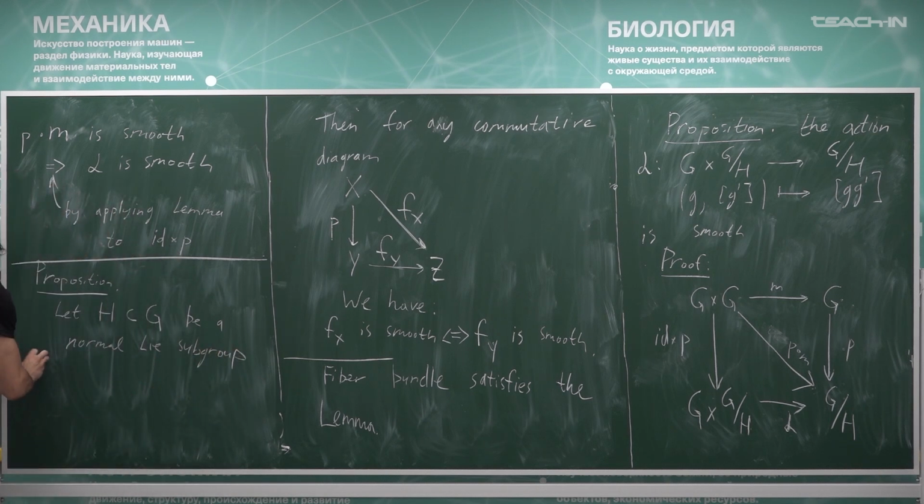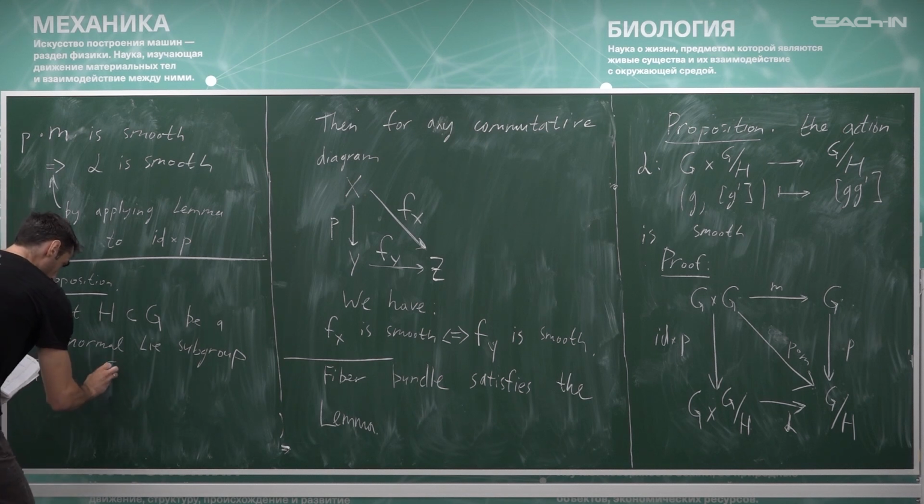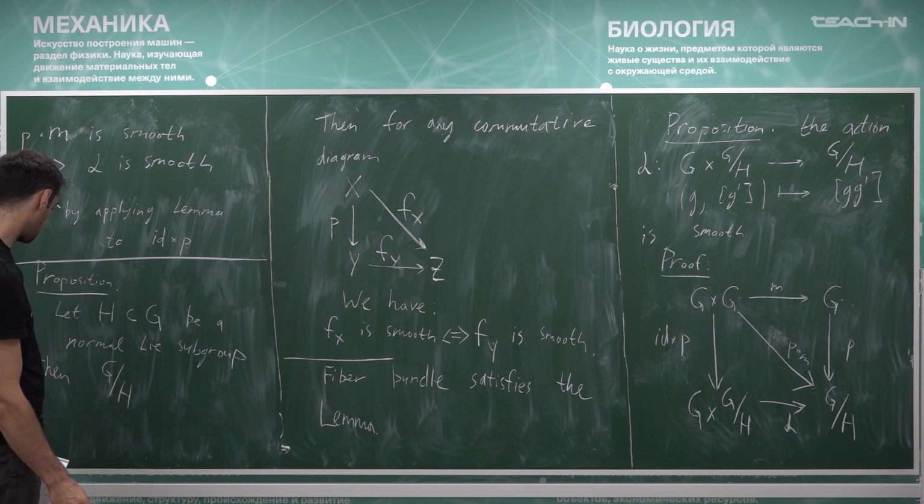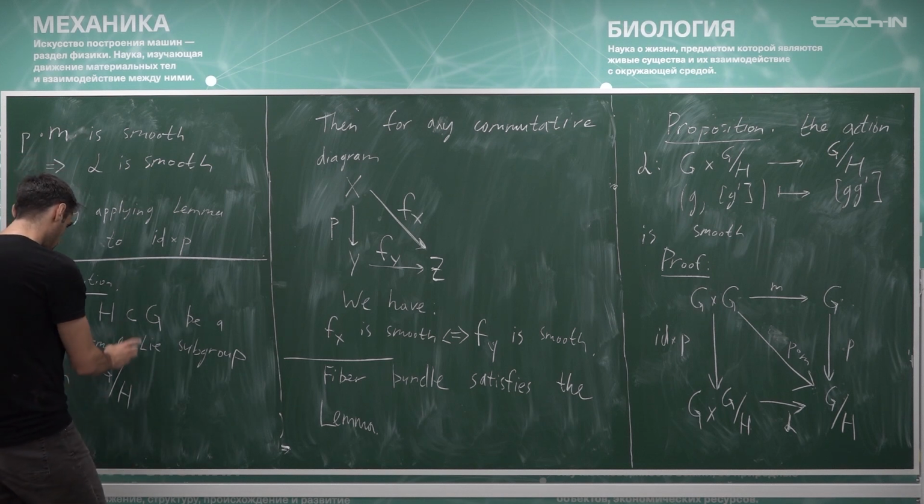Then G quotient by H, of course we know from the group theory that it is a group, but the statement here is that it is actually a Lie group.